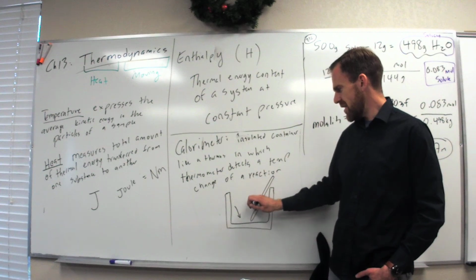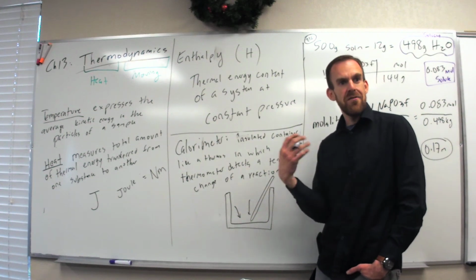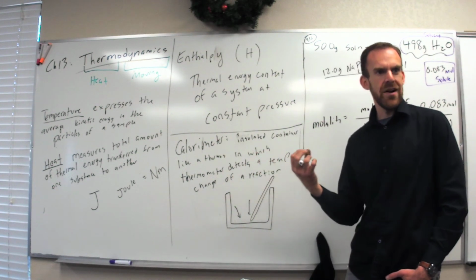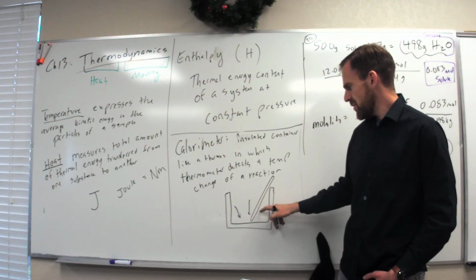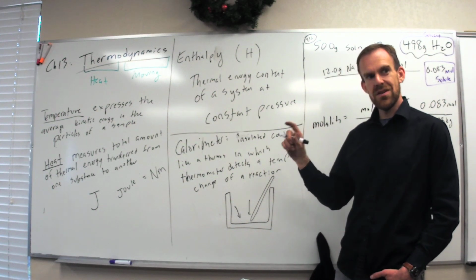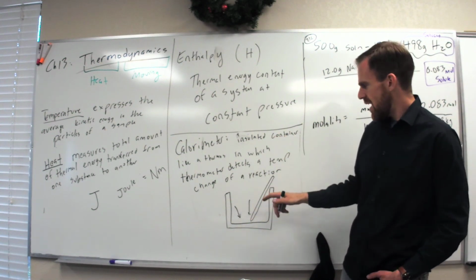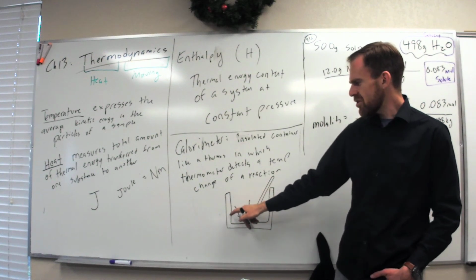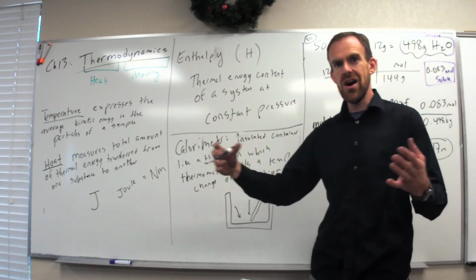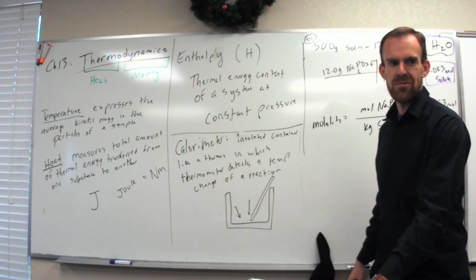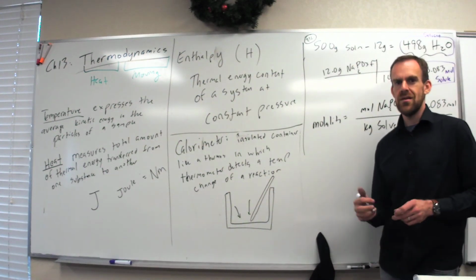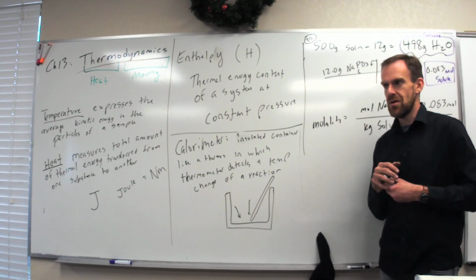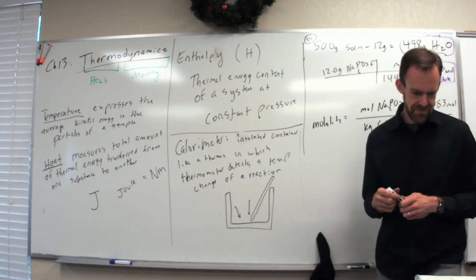So you put stuff in there that gives off heat or requires heat and absorbs heat. And you measure that change with the thermometer. Then you know, based on that chemical reaction, how much heat has been given off or how much heat has been required and absorbed in your reaction. So, calorimeter, good.